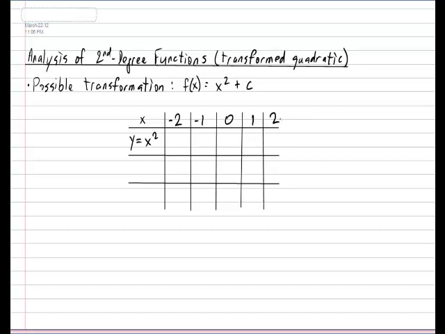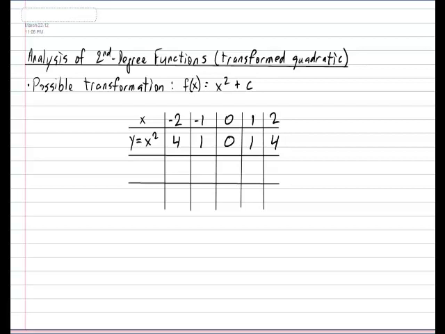And the usual suspects are y would equal 4, 1, 0, 1, and 4. So these are the coordinates of our good old normal basic parabola.